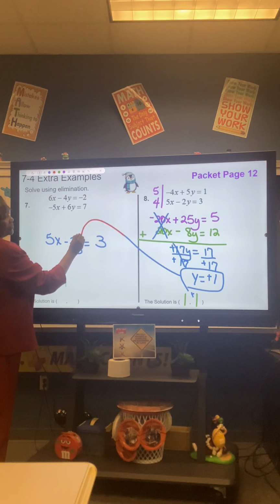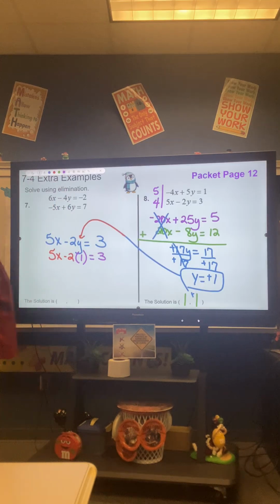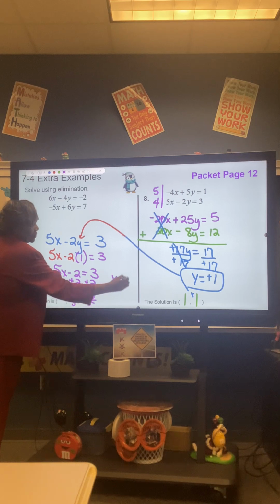Y is 1. 5x minus 2 times 1 equals 3. 25 minus 8 is 17, not 13. So I got 5x minus 2 times 1 equals 3. Add both sides. 5x is equal to 5. Divide both sides by 5. My quotient is 1.